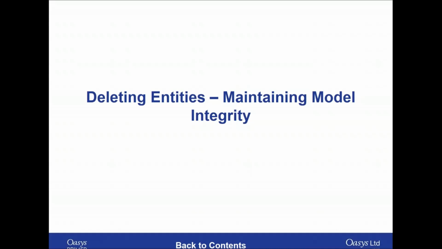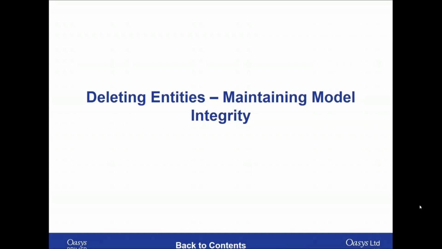A part obviously refers to materials and sections and hourglass cards, but there are other things that refer to the part card. So for example, a part set, elements, constrained rigid bodies, they can all refer to a part card. So if you just remove that part card from the model, then that would introduce errors into your model because the elements would refer to a part that doesn't exist and so on.